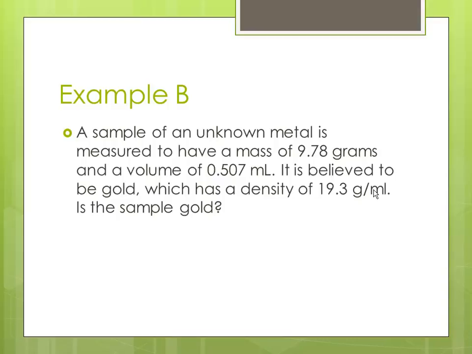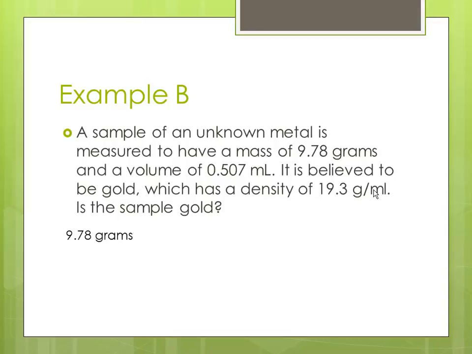Example B. A sample of an unknown metal is measured to have a mass of 9.78 grams and a volume of 0.507 milliliters. It is believed to be gold, which has a density of 19.3 grams per milliliter. So the question is, is the sample gold? If it is gold, it should have the same density of gold, which is 19.3.